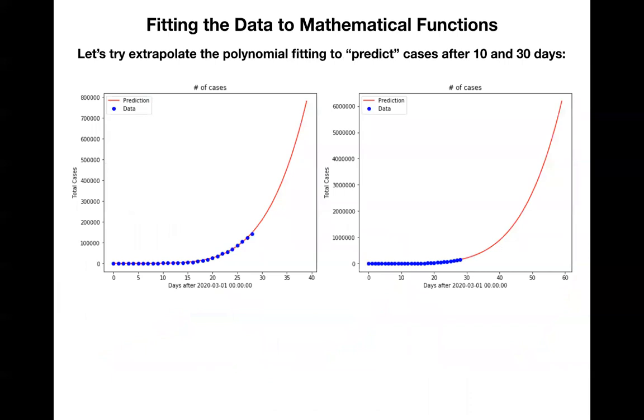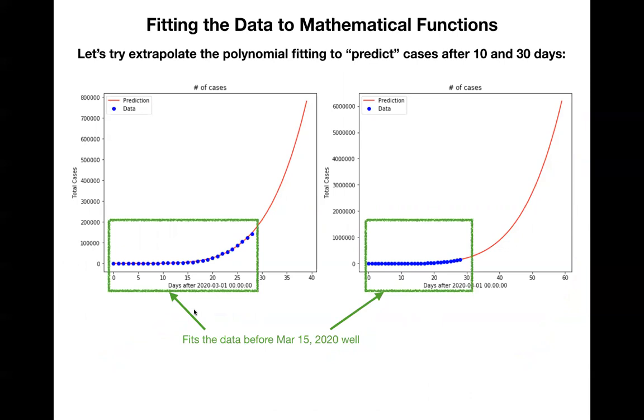So how are we going to check? This is the concept of regression, right? Now we have a curve that we just did with the 5th order polynomial, and we look at that. The 5th order polynomial fits the data very well up to day 28 or 29, because it started from 0.